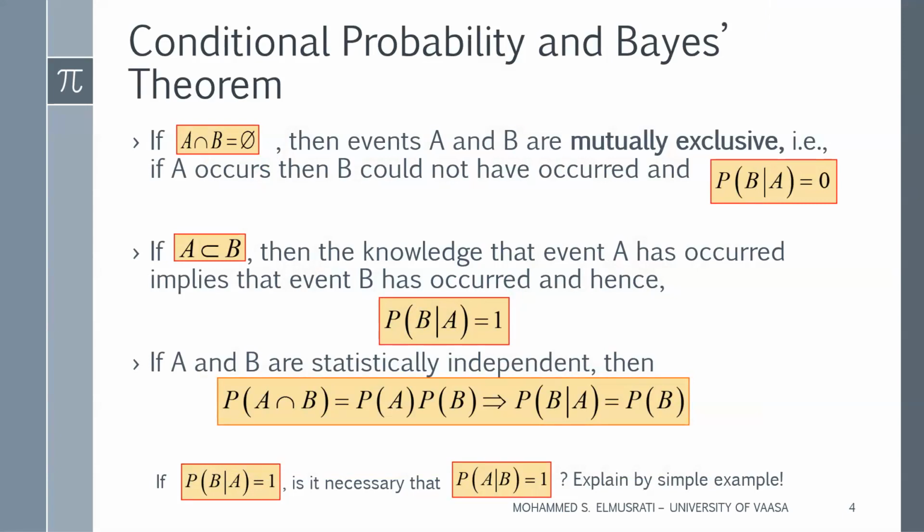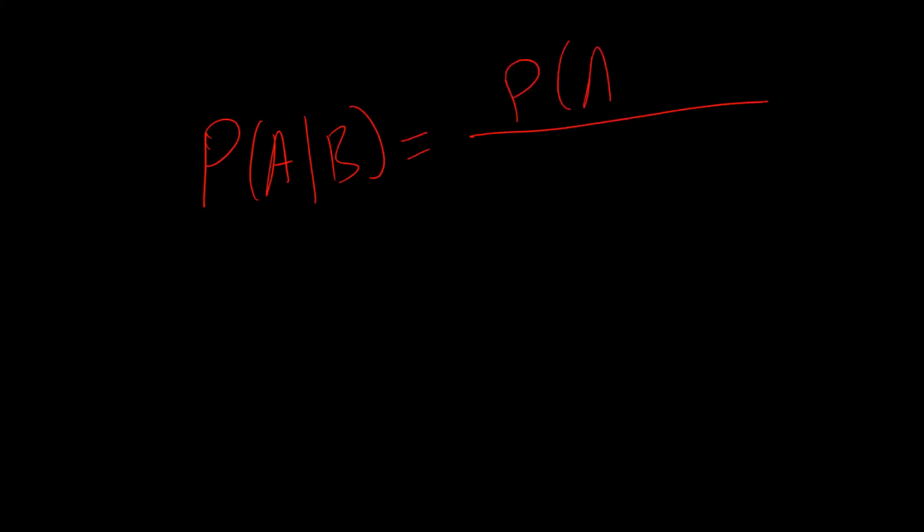Now we know that the probability of A given B is equal to the probability of A and B, which sometimes we call AB, divided by the probability of B. Okay.